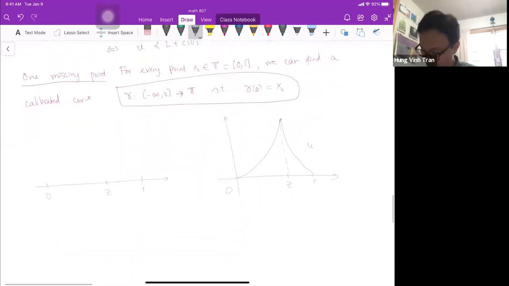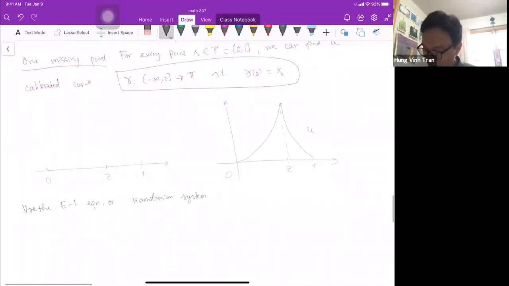Now I'm going to use it to construct calibrated curves, and you'll see that it's really fun. How do we do this? We're going to use exactly what we used earlier: either the Euler-Lagrange equation or the Hamiltonian system. I would like my curve to have gamma 0 equal to x naught.